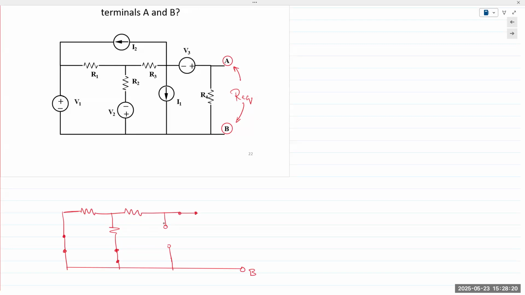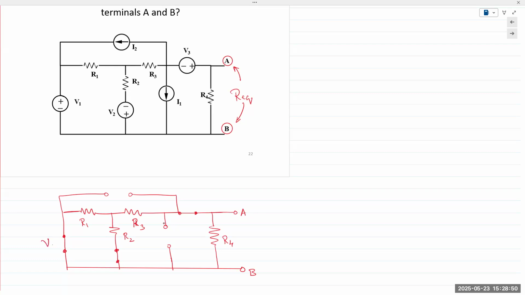We'll short that out. There's R4. So R1, R3, R2. And then there's another current source at the top, but that is replaced with an open circuit. Okay.